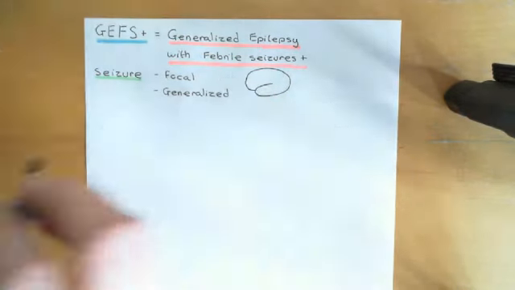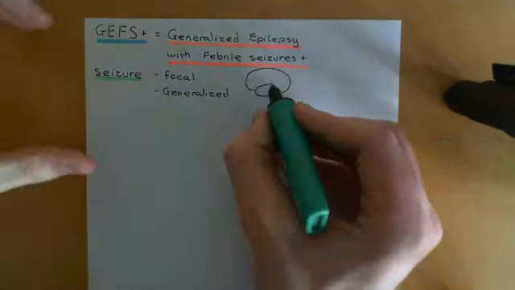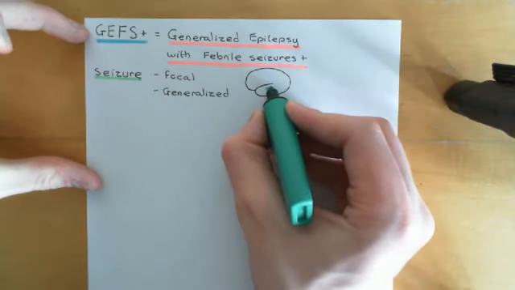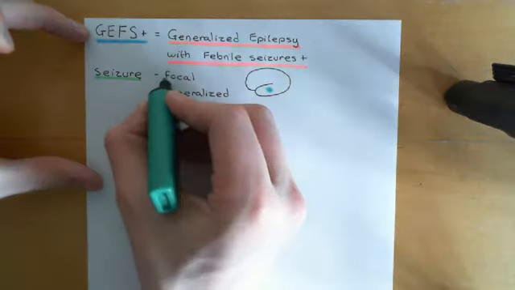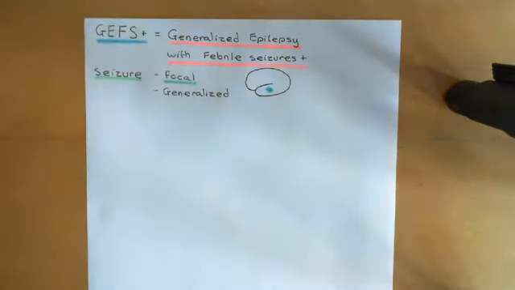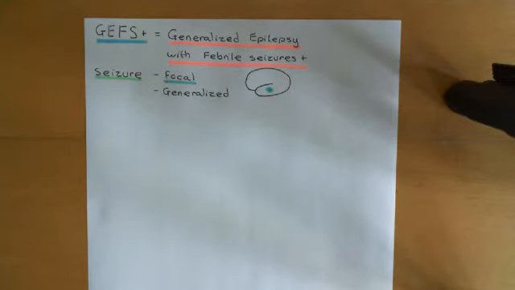So if I draw the brain here, a focal seizure is a little portion of the brain undergoing this storm of electrical activity. In a focal seizure, a little portion of the brain is going to have its neurons firing action potentials all at once, and that's what's known as a focal seizure. Generally it is in the temporal lobe that focal seizures occur.